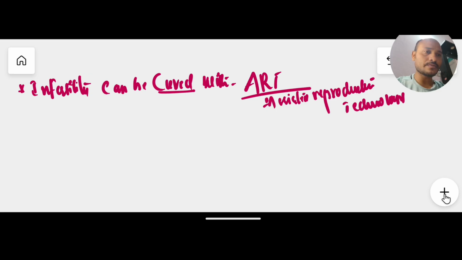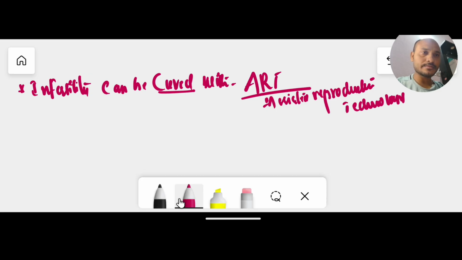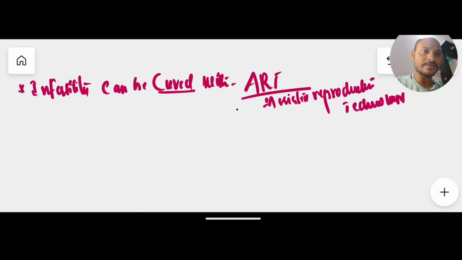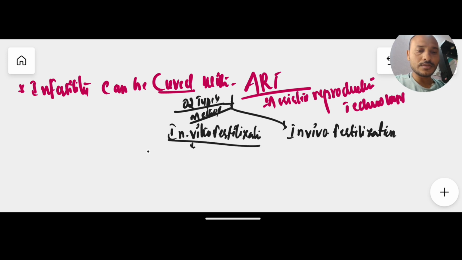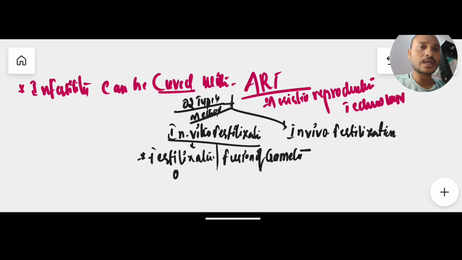Generally in ART we have two different types, based on whether fertilization takes place outside or inside the female body. One is in vitro fertilization and the other is in vivo fertilization. In vitro fertilization means fertilization, or fusion of gametes, occurs outside the female body.